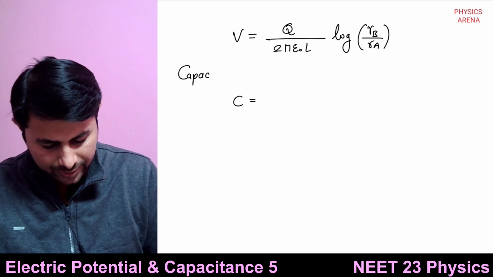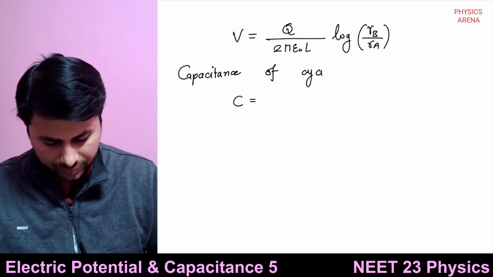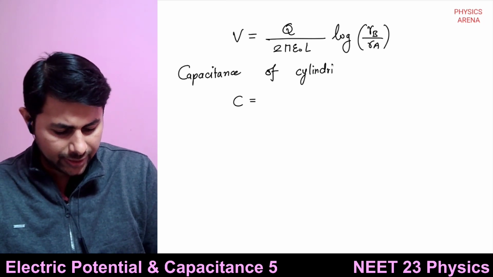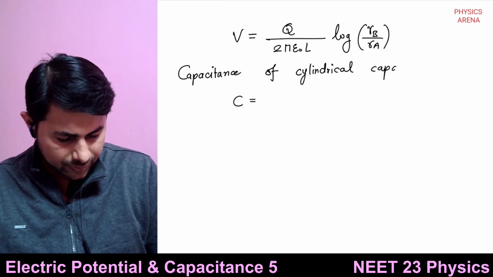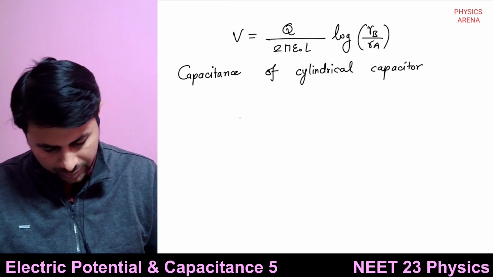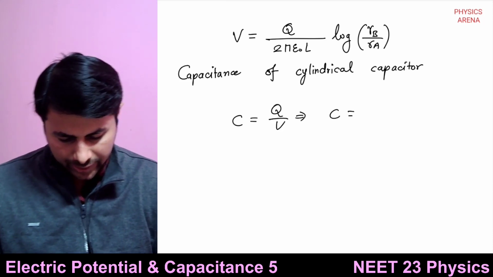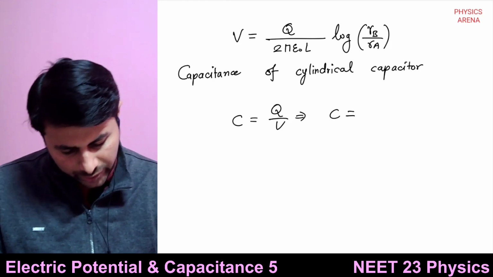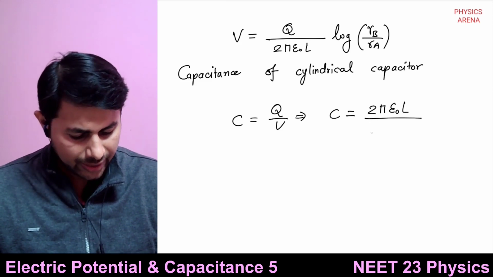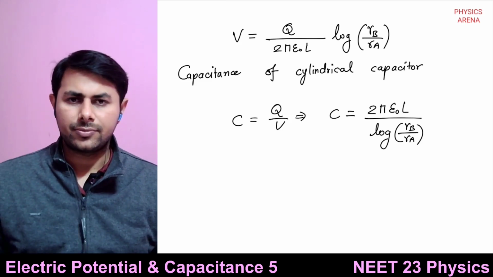So the capacitance of a cylindrical capacitor is given by C equals Q upon V, which gives 2 pi epsilon naught L divided by log of RB upon RA.